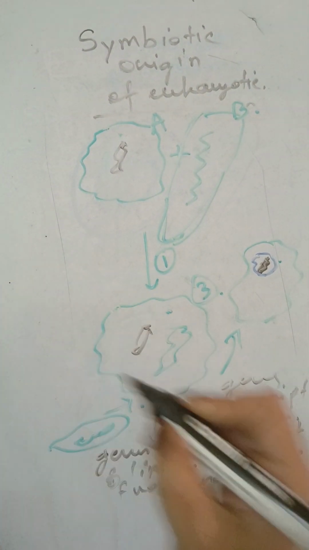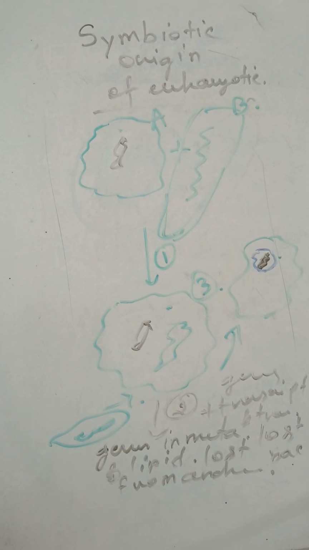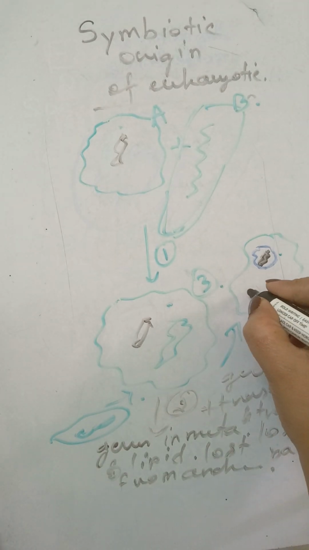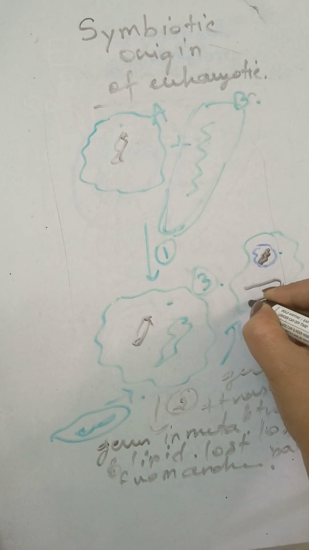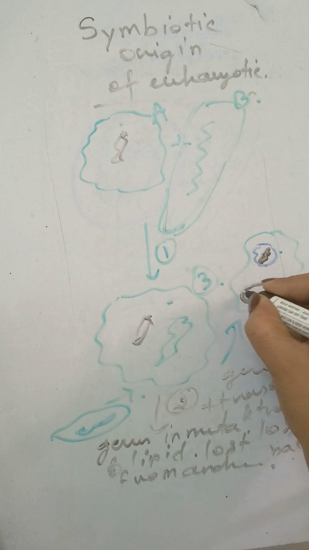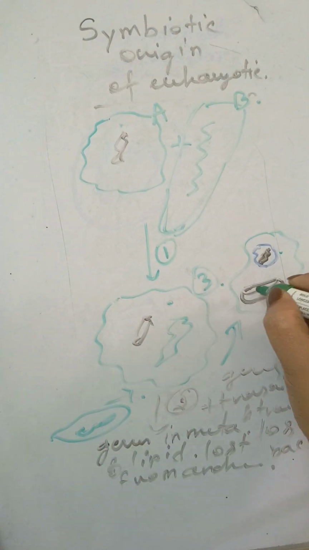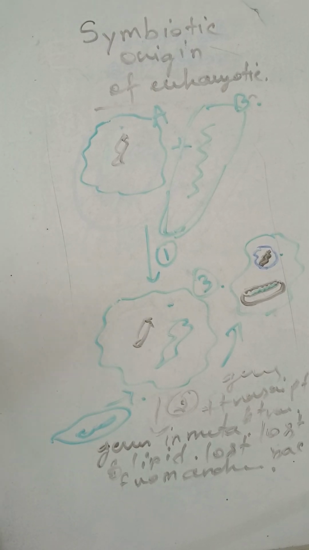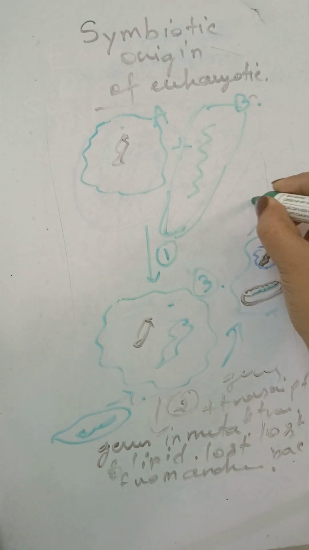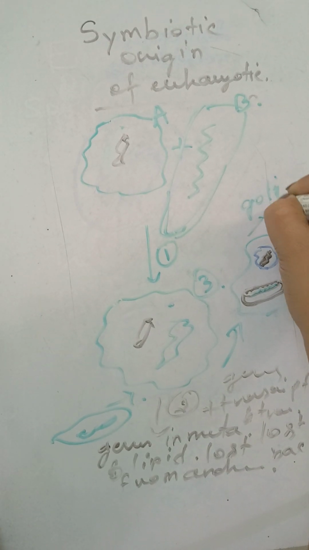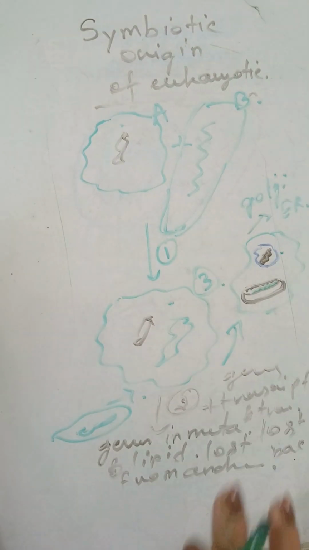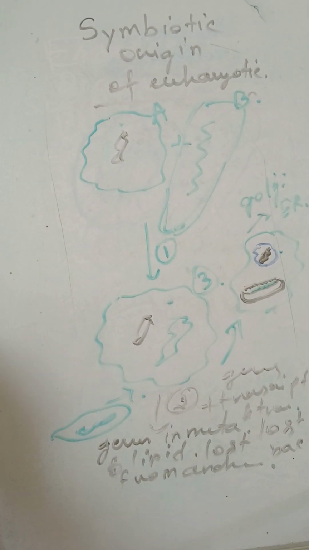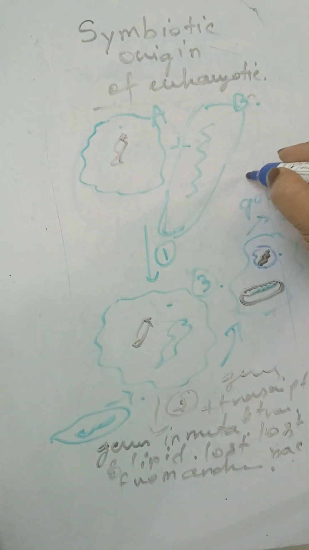Due to the engulfment or endosymbiosis of a new bacterium, that will give rise to a mitochondria with the bacterial chromosome. So this is the theory. That will give rise to a mitochondria and other endomembranes, all the membranes that will help to give rise to the Golgi body, endoplasmic reticulum, etc.